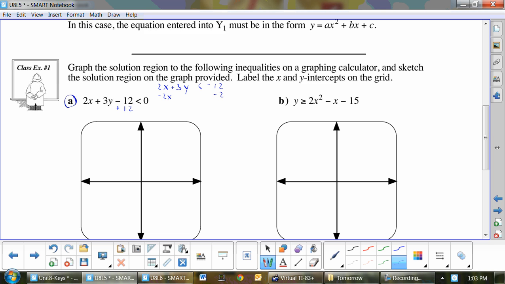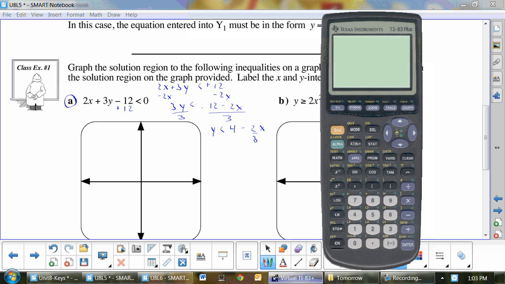Subtract 2x from each side, giving us 3y is less than negative 12 minus 2x, or positive 12 actually, because we added 12 to both sides. Then we divide by 3, and we get y is less than 4 minus 2 over 3x.